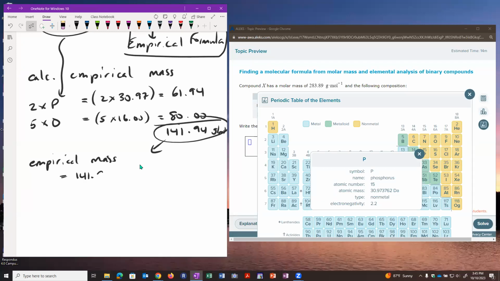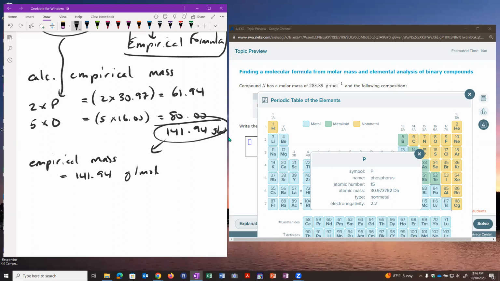So 141.94 grams per mole. In this question, I'm also told the actual molar mass, when I add together the number of each of these types of atoms, is 283.89.